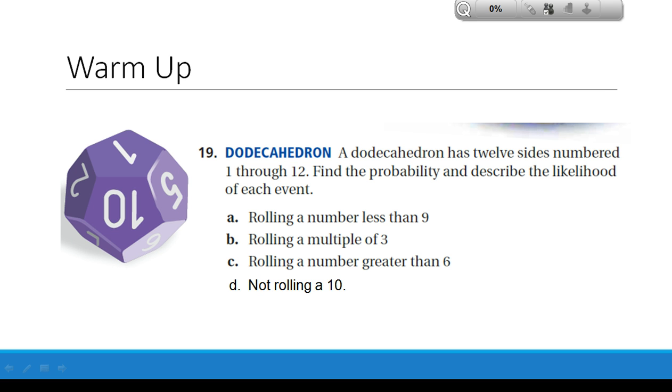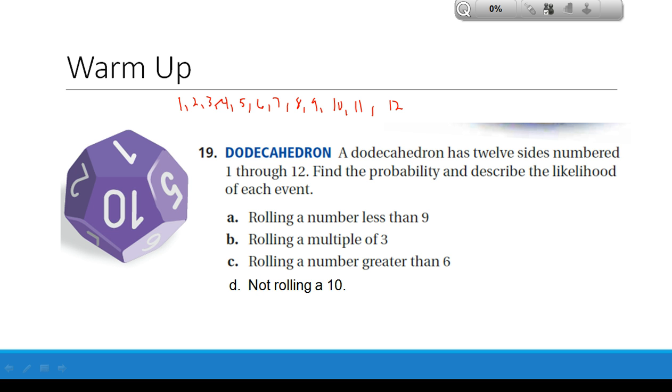Okay, so remember a dodecahedron would have the numbers 1, 2, 3, 4, 5, 6, 7, 8, 9, 10, 11, and 12.